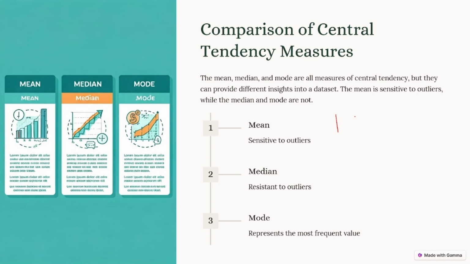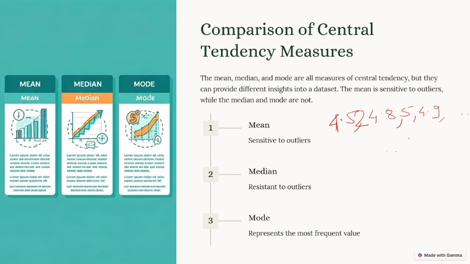You can take the example of the heights of students. So the heights are like 4.5, 4.8, 5, 4.9. Yes, something like this.